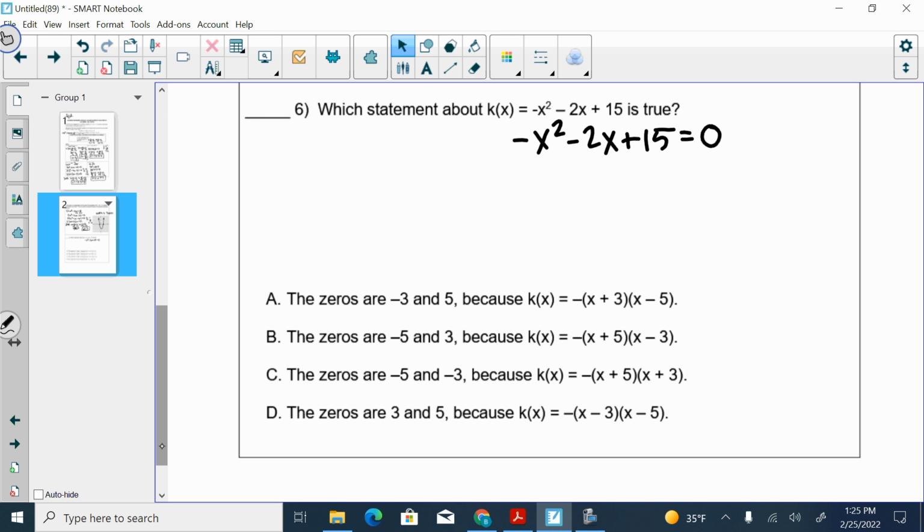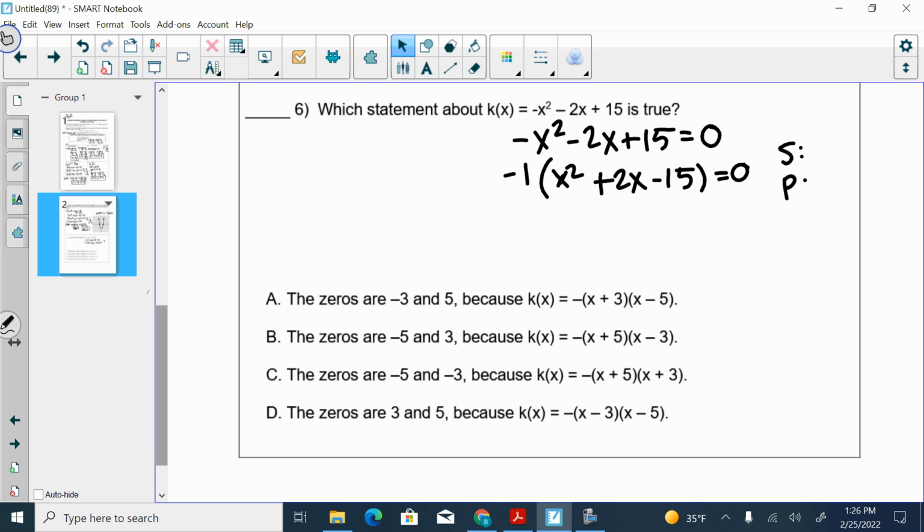We don't want that leading term to be negative, so I'm going to take out a negative 1. Okay, so if I take a negative 1 out of negative x squared, what's it going to become? Very good. And if I take a negative out of negative 2x, what's it going to become? Very good. And if I take a negative out of positive 15, it's going to become nice.